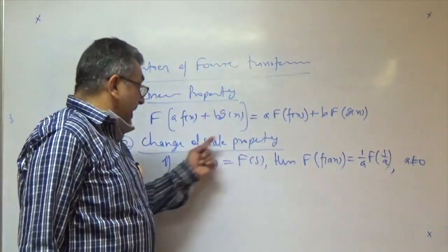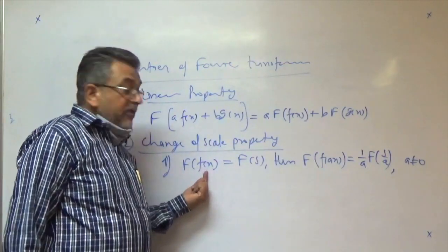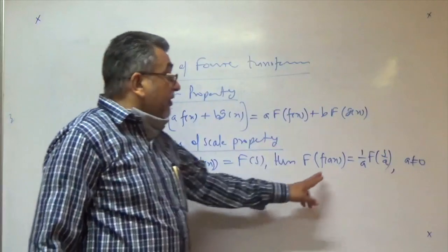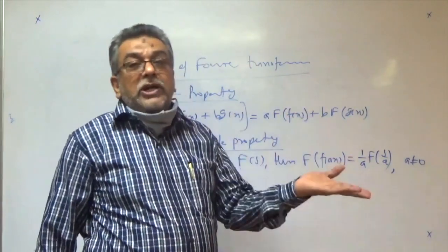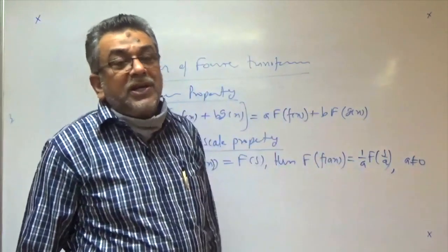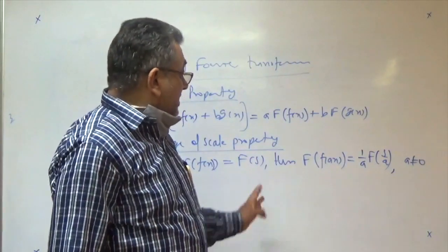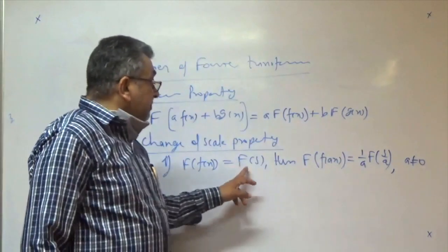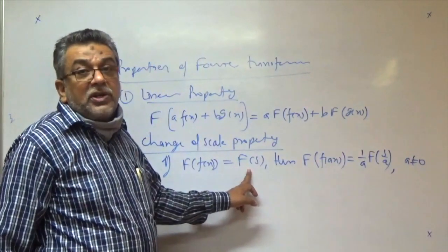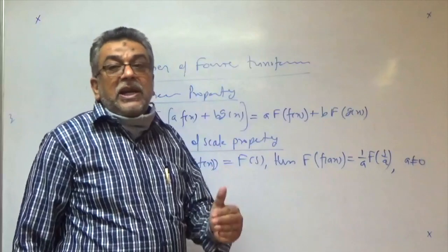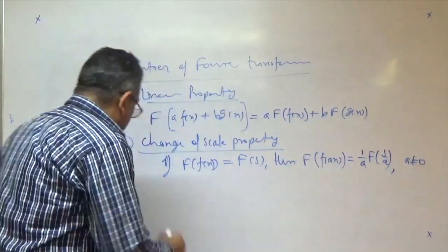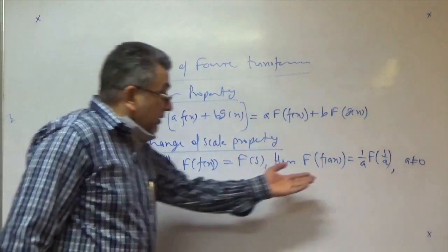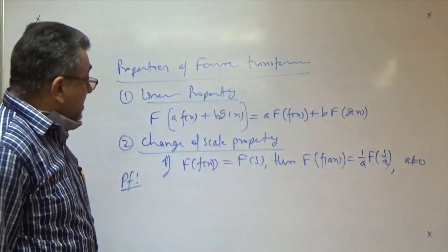Means if we know the Fourier transform of a function of parameter x, and we take the function with parameter ax, where a is any non-zero constant, then we can directly write its Fourier transform. We only have to change s to s upon a in the Fourier transform of the original function. First we verify this property, how it is proved.